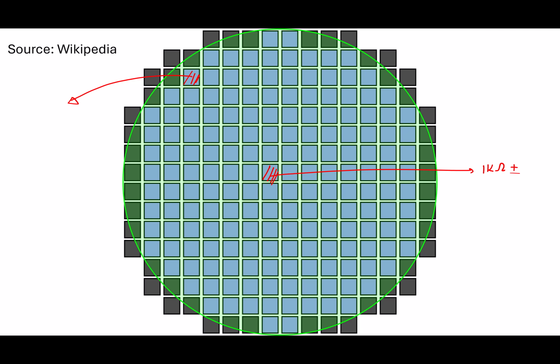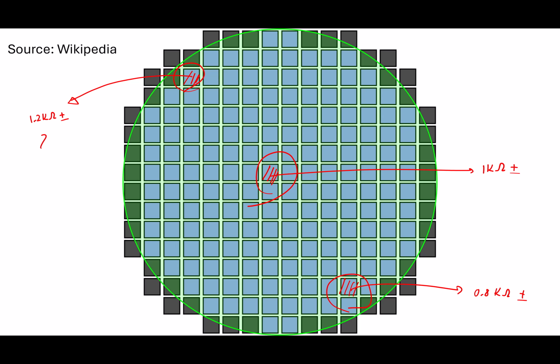This can be, let us say, 1.2 kilo ohm plus or minus something, whereas for one more chip I take, this can be, for example, 0.8 kilo ohms plus or minus variation. The mean itself can vary across chips, and that's simply because the fabrication process happening in this particular location will not be exactly the same as what's happening here and here, because the fabrication process itself can slightly change based on the physical location.